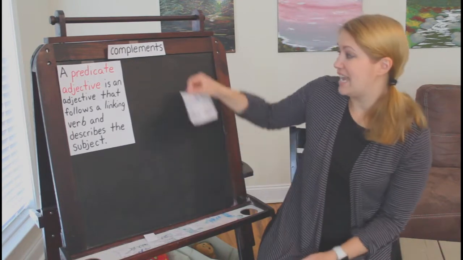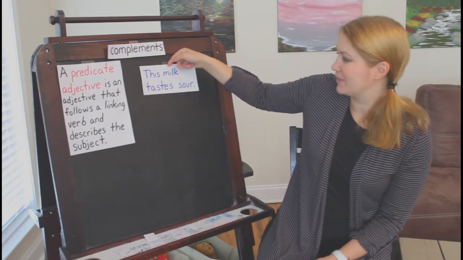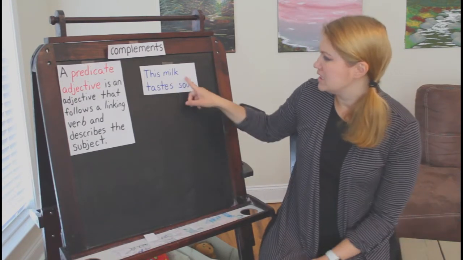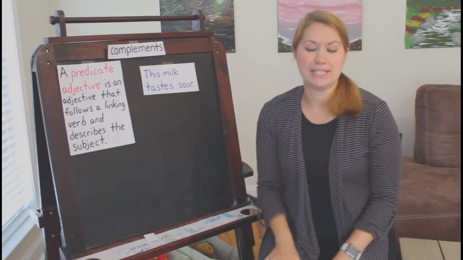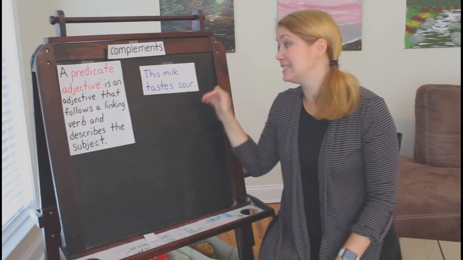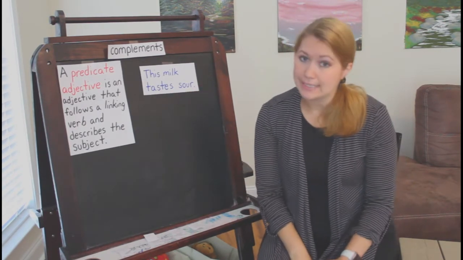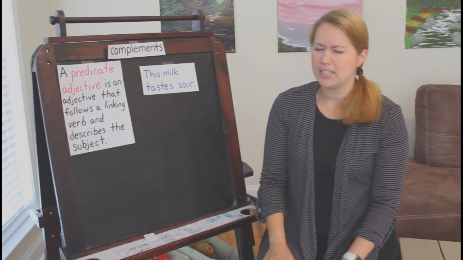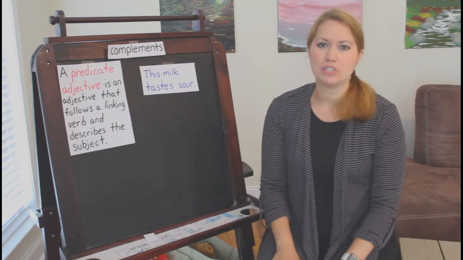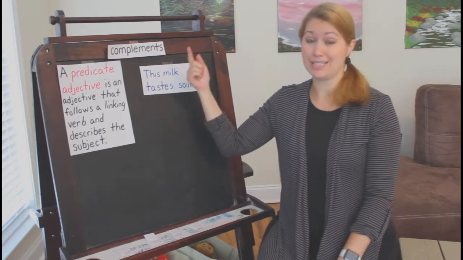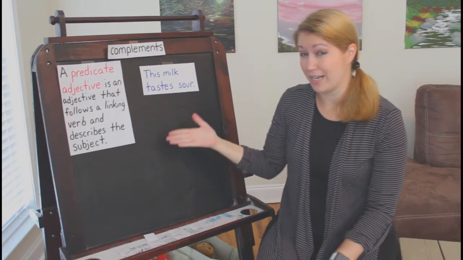Let's try another one. The milk tastes sour. Well, what's going on in this sentence? Taste. Now, taste could be an action or it could be a linking verb. It's one of those sense words. We're talking about the five senses.